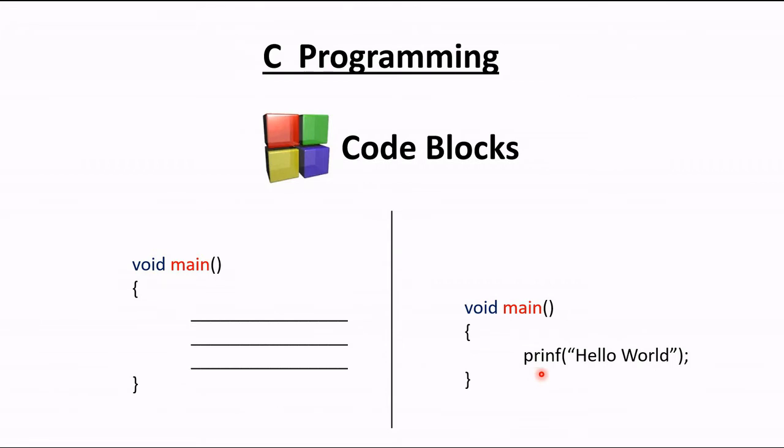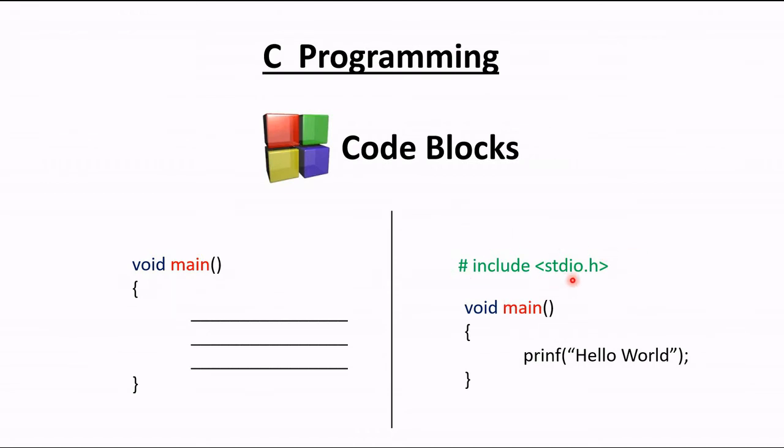So to tell what printf does, we have to import one header file before this main. So what is the header file? #include <stdio.h>. If you don't understand all these terms, don't worry. Throughout this course, you will recognize each and every word of this programming.